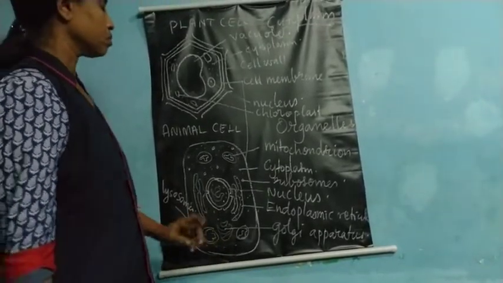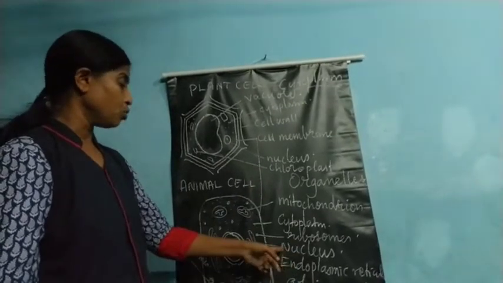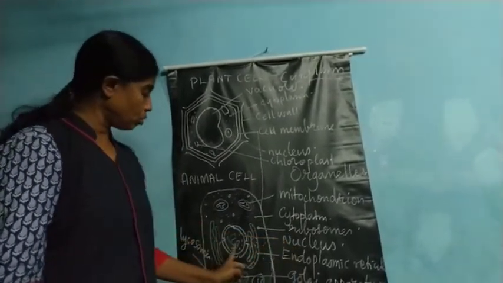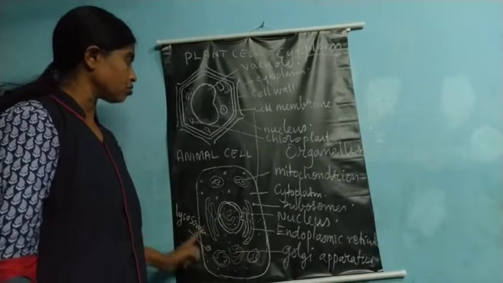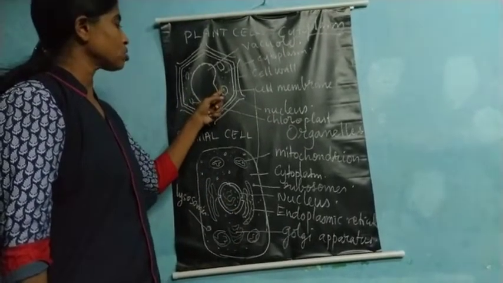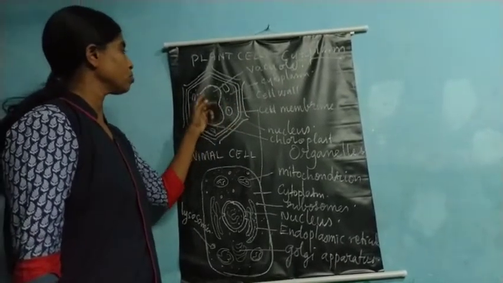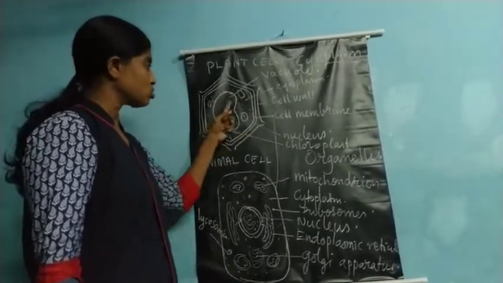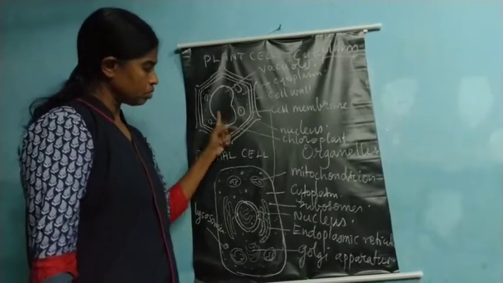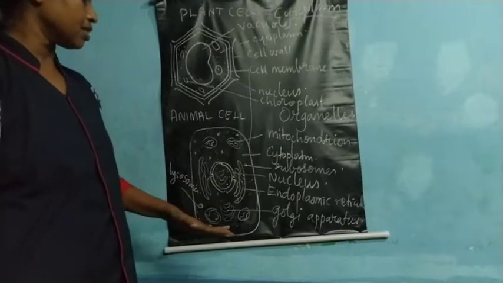Now we are going to see nucleus. Understand? So nucleus is found in the center of a cell. Whereas if you find plant cells, most of the time this nucleus is pushed towards one corner because of the presence of a large vacuole. Now we are going to see the structure of nucleus in detail.